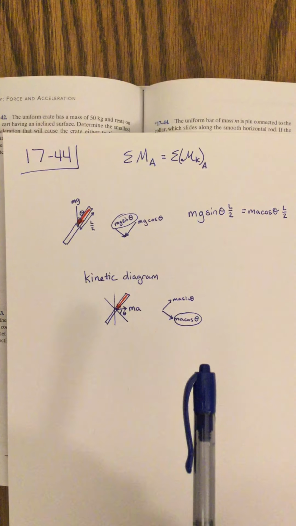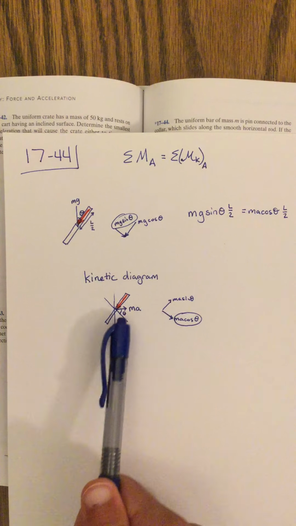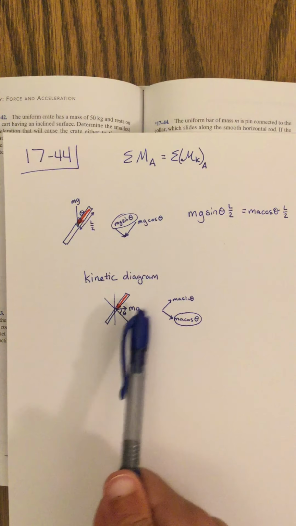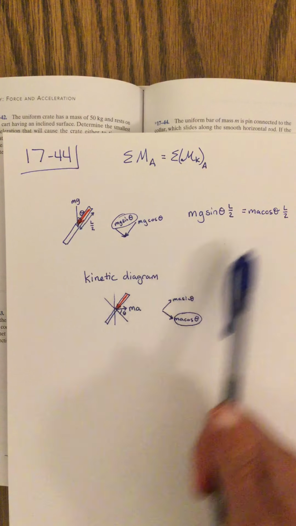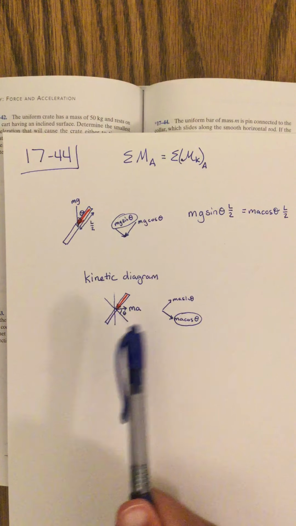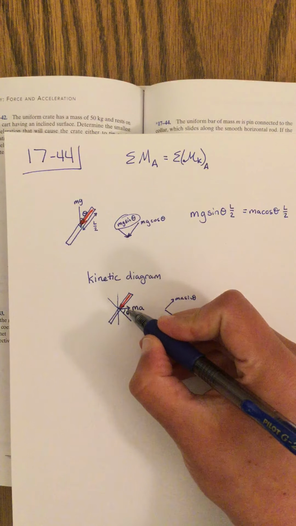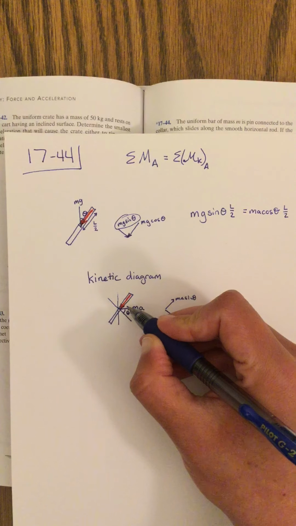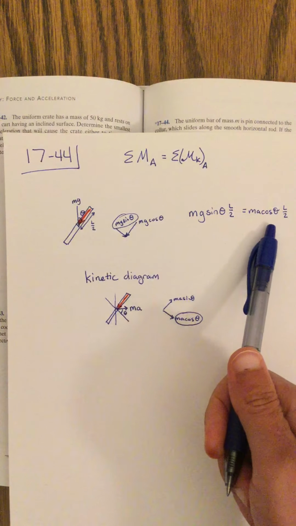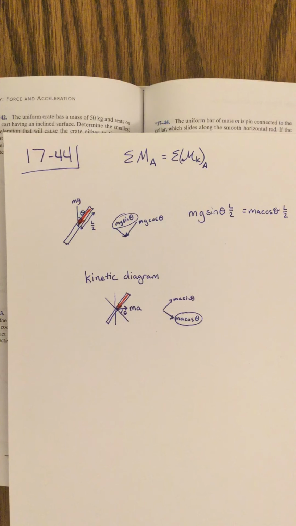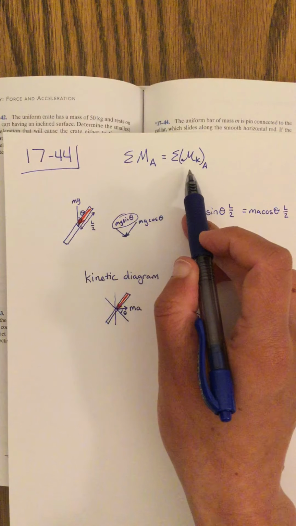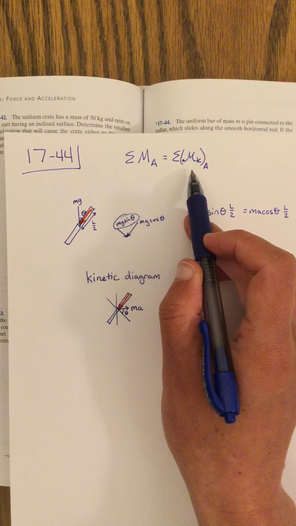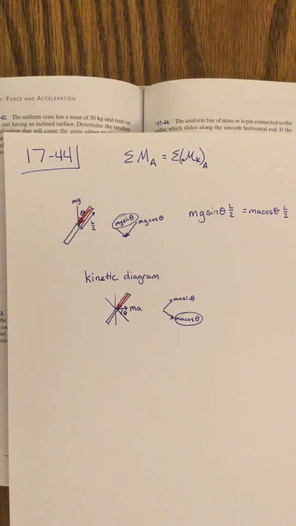Or if you wanted to do the magnitude of the cross product, you could say MA would be the magnitude of this vector, L over 2 would be the magnitude of this vector, and the angle between the two, since this is theta, this angle is 90 minus theta, but sine of 90 minus theta is the same as cosine theta. Okay, so this equation here, equation 17.10, gives us what we have here.